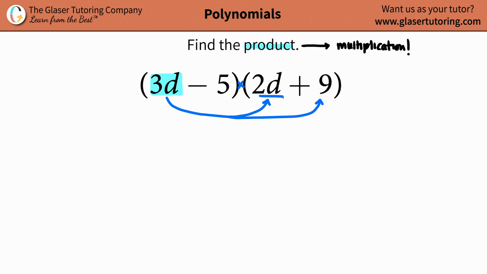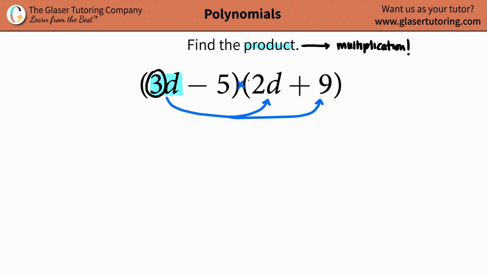And if there were 3 terms here, you would just multiply it by 3 of them, 4 of them, 5 of them, depending how many you got. So let's do our first round of multiplying, and then we go back and figure out what's going on with the negative 5.